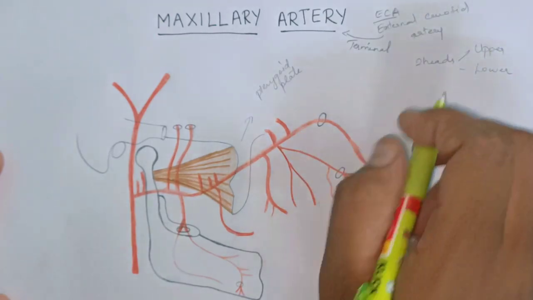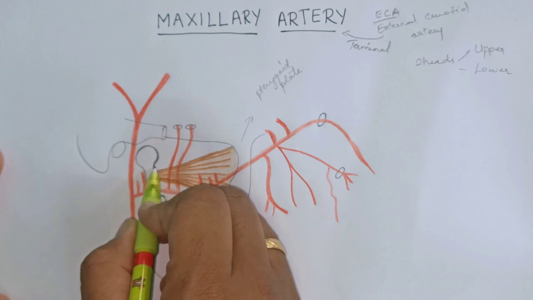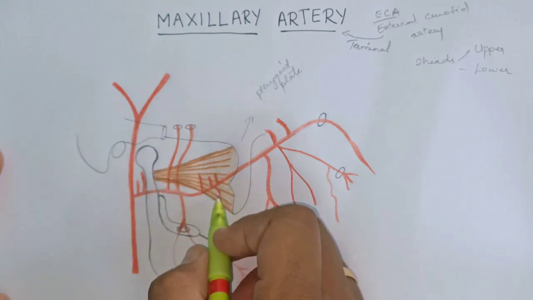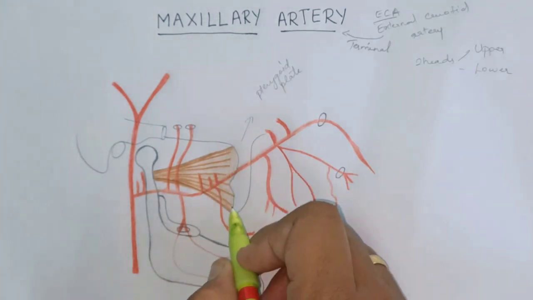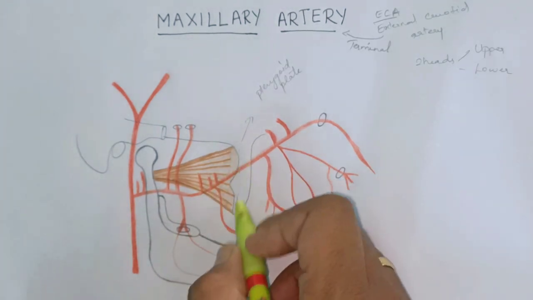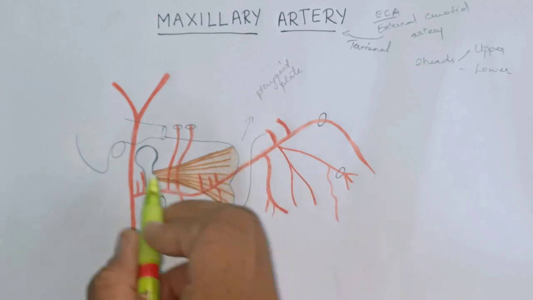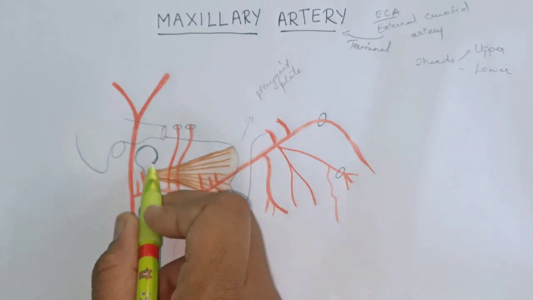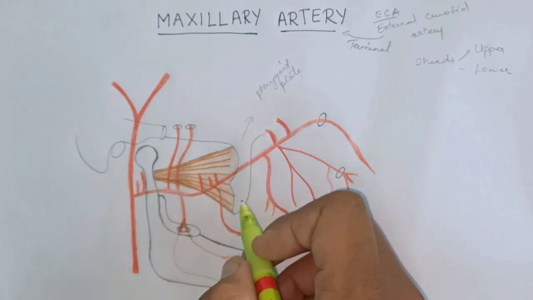This upper head arises from the infratemporal fossa and connects to the neck of the mandible. Here I have drawn only the lower head as it arises from the lateral surface of the pterygoid plate, so it is named lateral pterygoid muscle, and it gets inserted into the neck of the mandible.